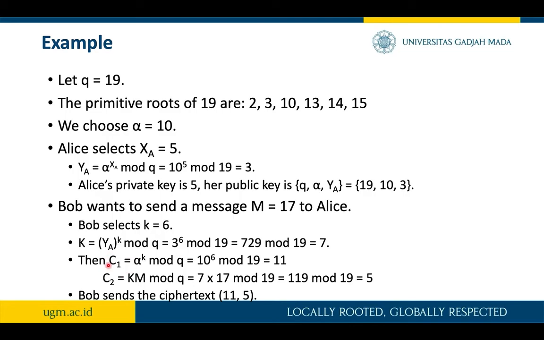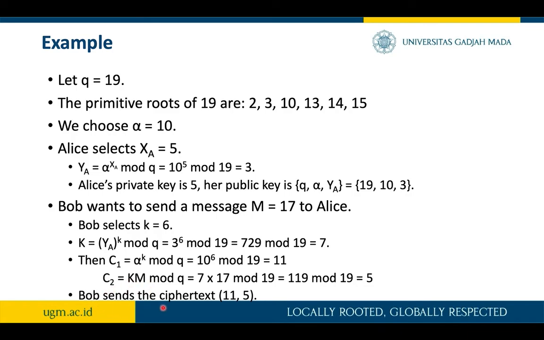C1 is the information for Alice to recover capital K, the one-time key. And C2 is where the plain text lies. C2 is K times M modulo Q, which is 5. C2 is used by Alice to recover the original message M.